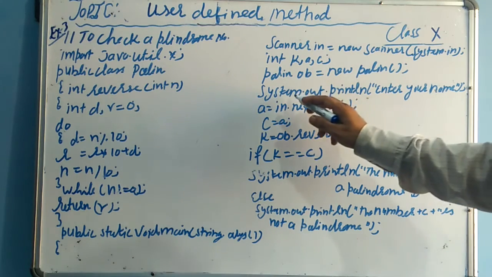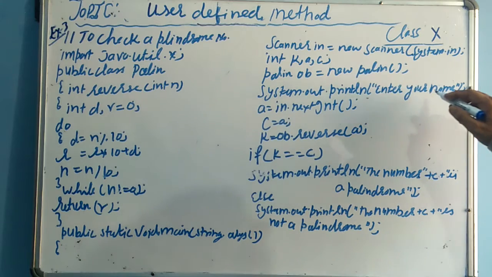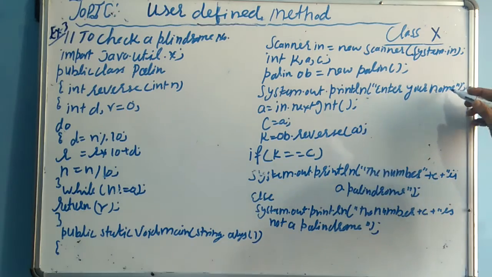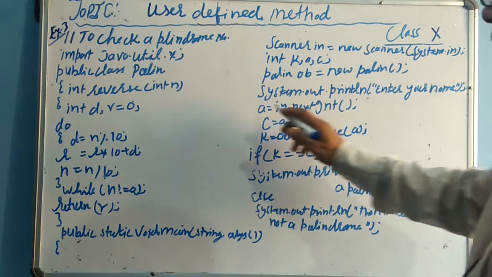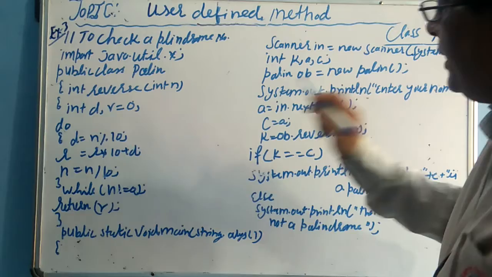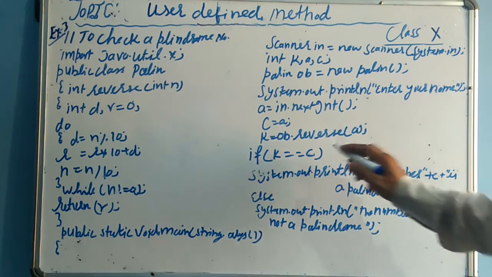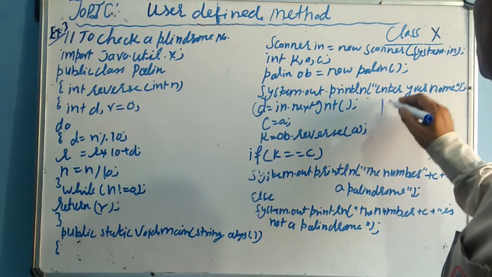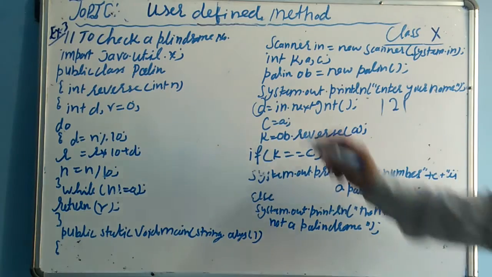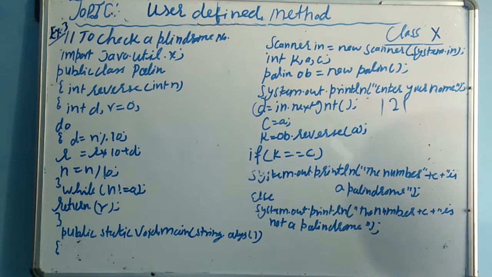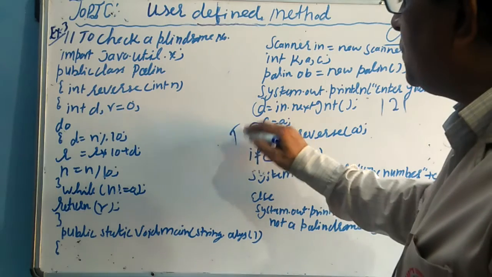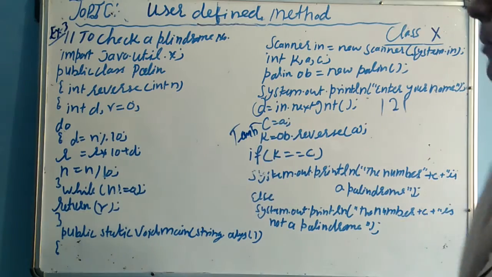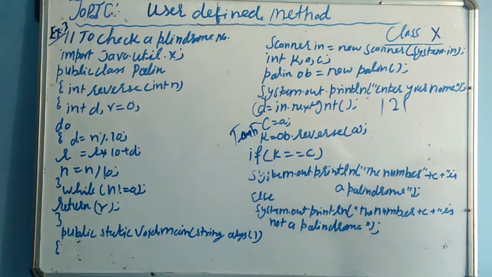This is System.out.print, enter your number. When you give your number, that number will be stored into the variable a. Suppose 121, so c is equal to a. That is the temporary value.